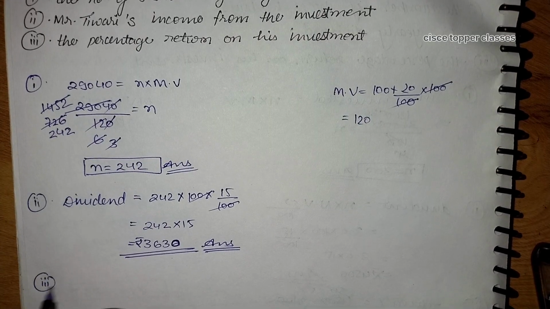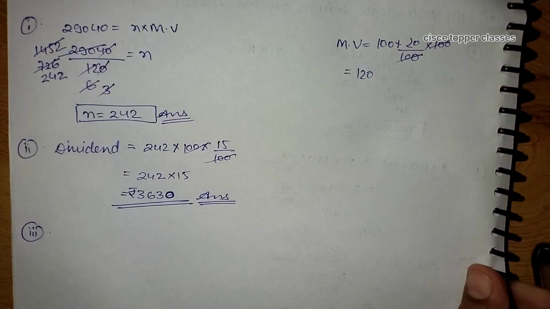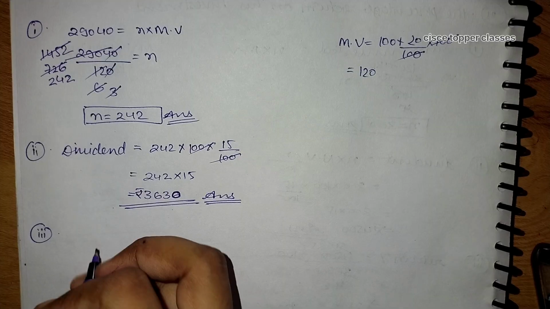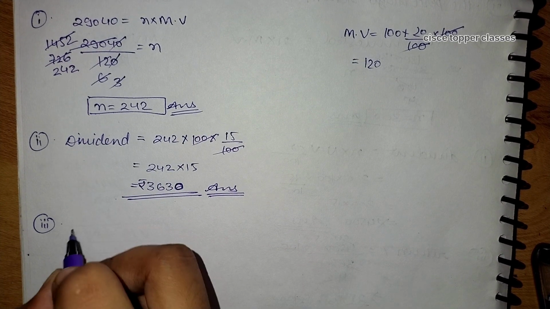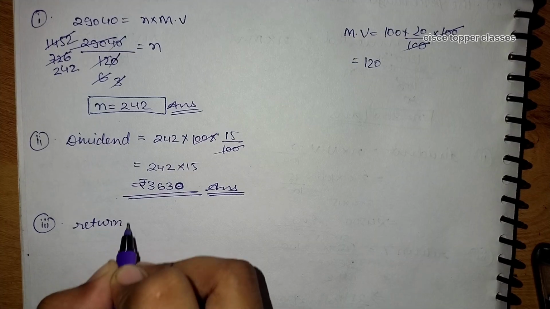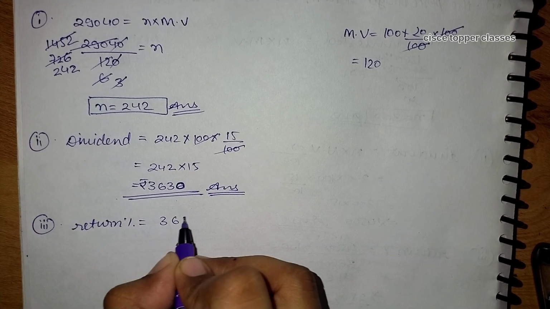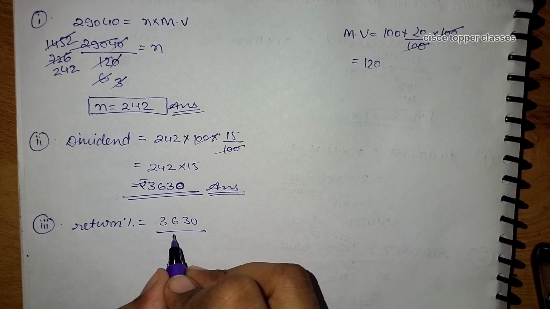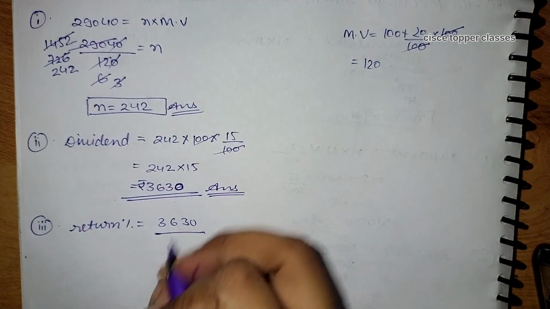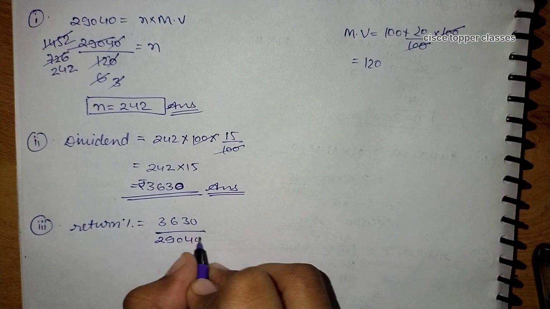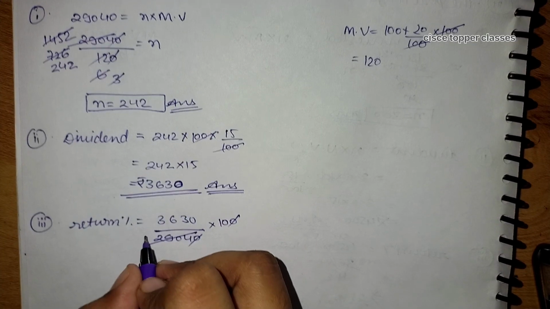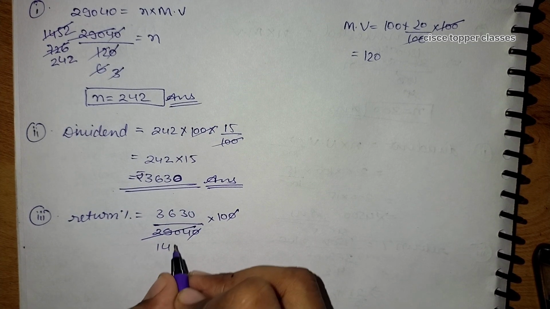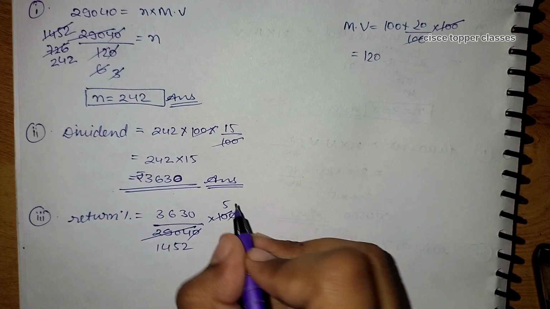Now the third part is asking the percentage return on his investment. We know the percentage return will be total income divided by the amount invested into 100. So return percent, if we have to write, again 3630 divided by the amount invested, 29040, into 100. This will be cancelled out by 1, 4, 52, and this will be 5.